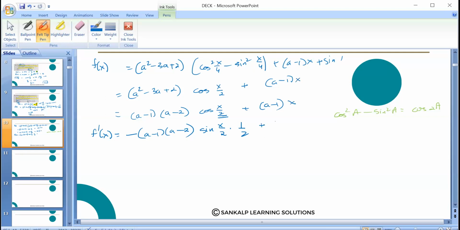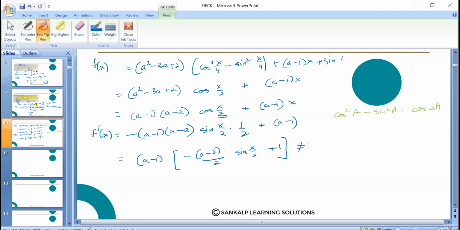And then a minus 1 x derivative will be a minus 1. Now you can take a minus 1 common. Left is minus a minus 2 into 1 by 2 into sin x by 2 plus 1.